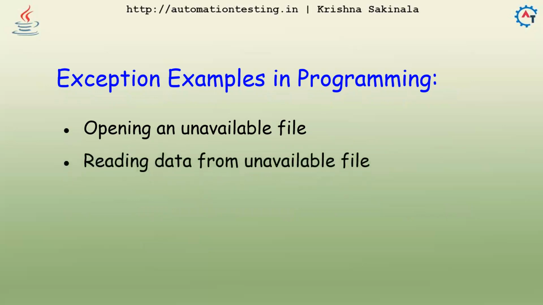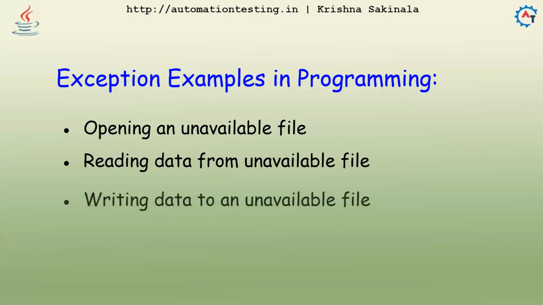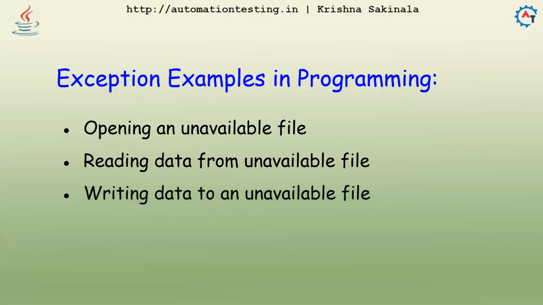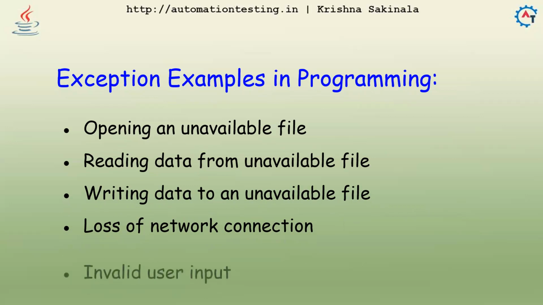In the same way, reading data from an unavailable file and writing data to an unavailable file. Loss of network connection: you are executing something, but there is a loss of network, so whatever you expected will not happen as you expected. Invalid user input. These are all very common exceptions that happen in your programming.